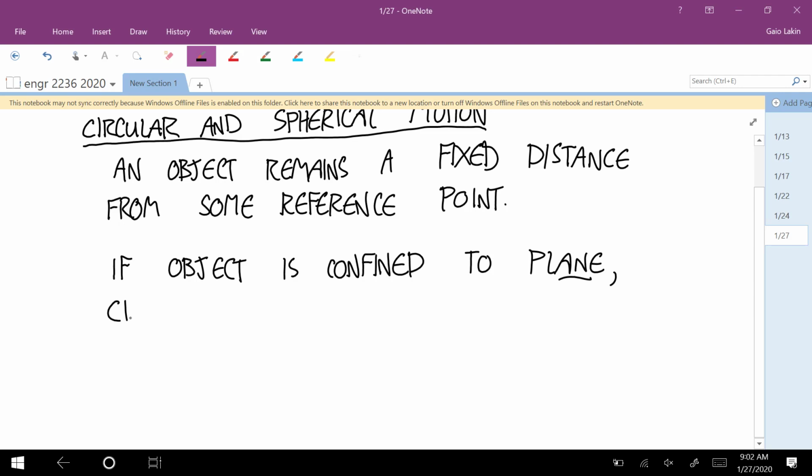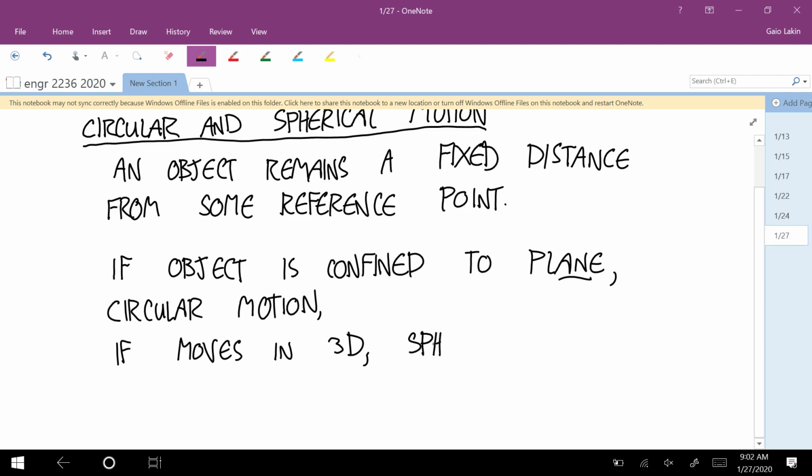So this is circular motion. And if the motion isn't confined to a plane, so it moves in 3D, then that's spherical motion.